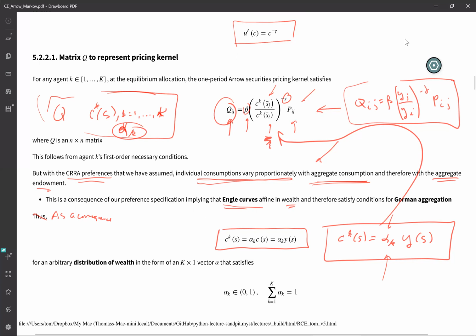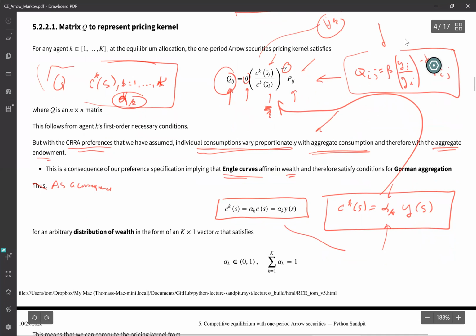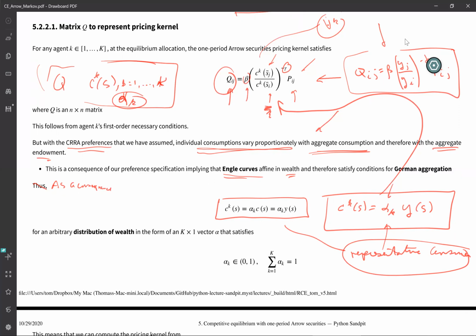So this equation is going to be true for all k, but we're going to use it just on the basis of the aggregate. So this Gorman aggregation is as if there's a representative consumer to whom we impute the same preferences that we give our individual persons, with these power utility functions.